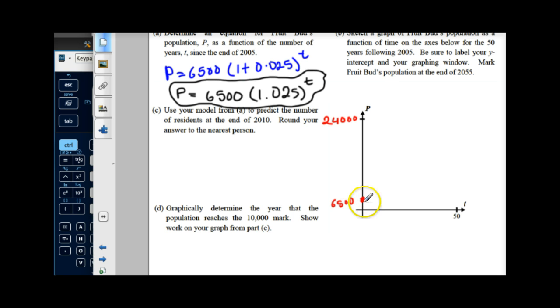That's my initial start. And then you will see a graph that looks something like this. Yours will look way better than mine. And here we don't need an arrow because we're going to stop at 50. It asks for 50. So at this point we're going to stop, and you should check what this value is.